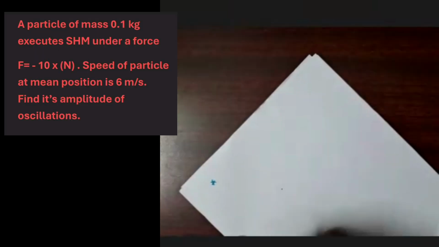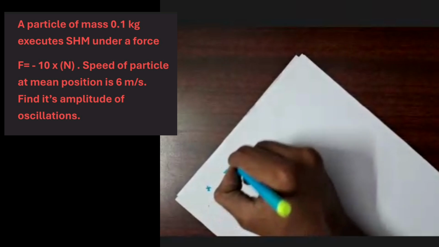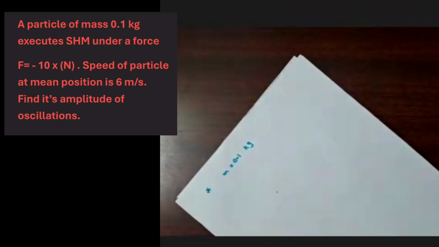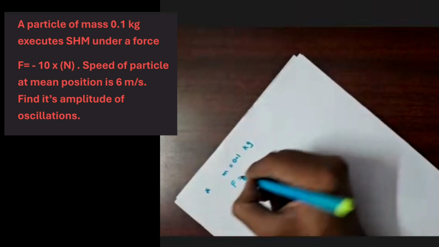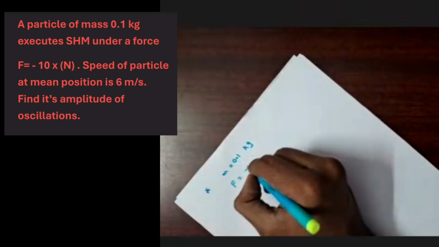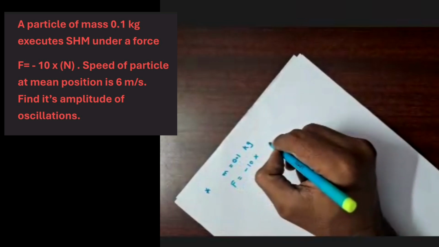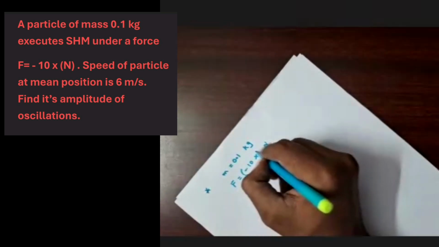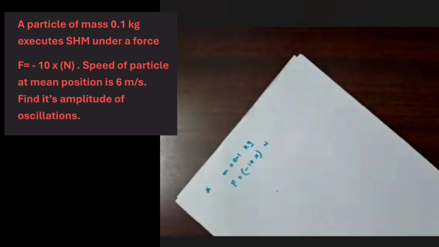A particle of mass 0.1 kg, m is equal to 0.1 kg, executes S.H.M under a force F is equal to minus 10x Newton. This is the force value given in the problem.